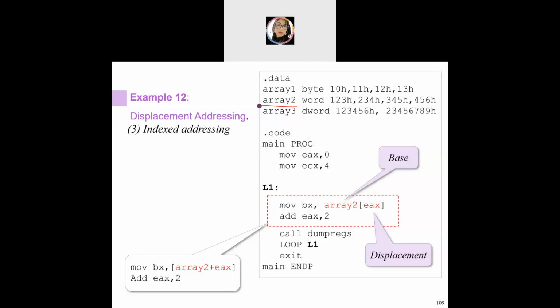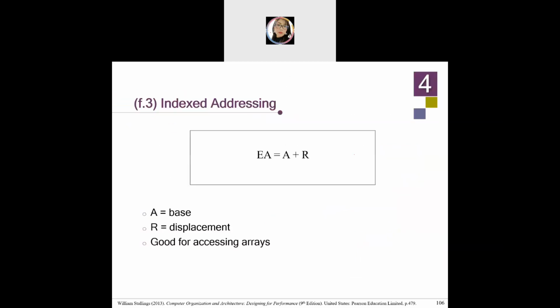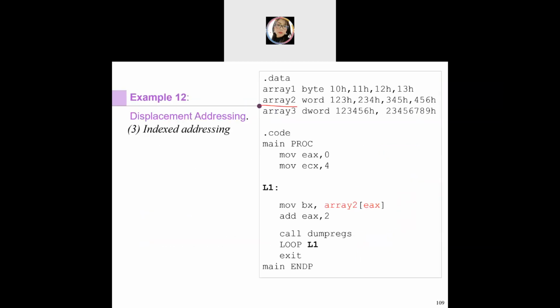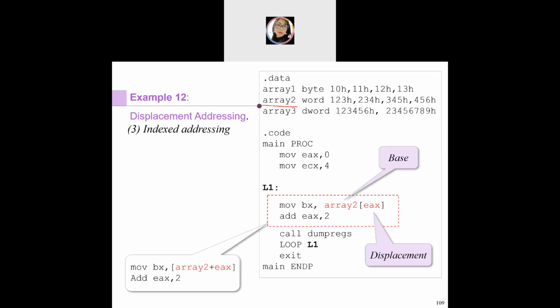This mentions adding EAX here also. So BX, move array 2, and you're going to add the displacement because of the equation. So from here, you can see it's basically similar to this code. Then you have add EAX equal to 2. You're going to loop until your counter equals 0.